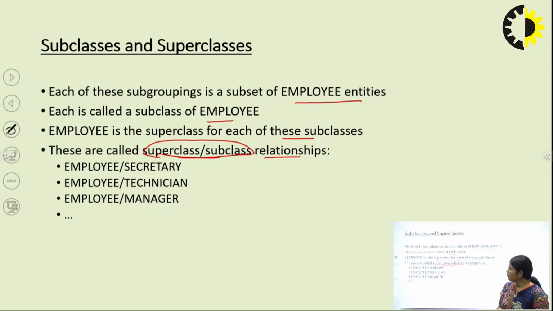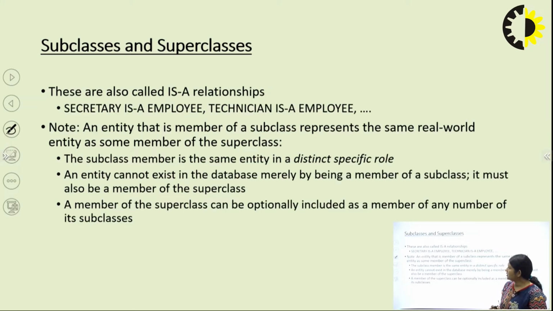Now it is very important to understand this concept, because while we are making the extended EER diagrams, people may not be able to categorize into subclasses. So we have to very carefully understand how these superclasses can be categorized into subclasses, so that we get a proper EER diagram. So the superclass-subclass relationship is called an IS-A relationship.